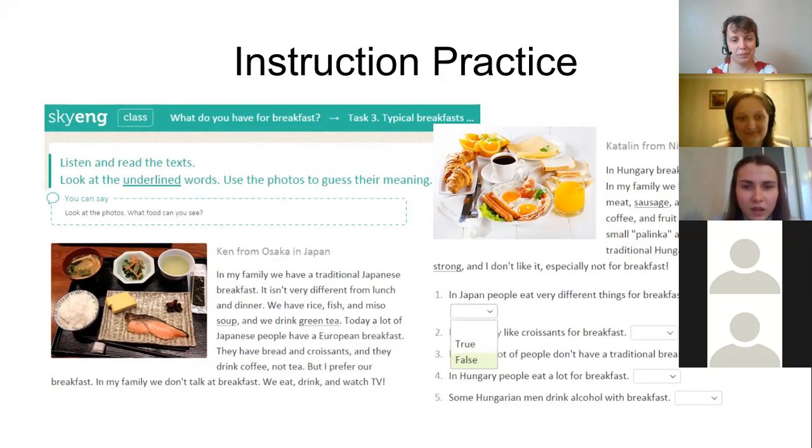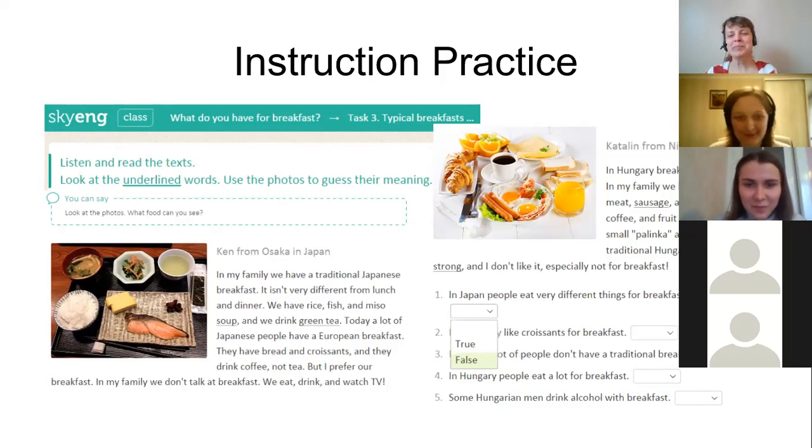Okay. I see juice and also coffee and croissants, and I see sausages and eggs and oranges. And then I don't know the words for other things because I'm a beginner.